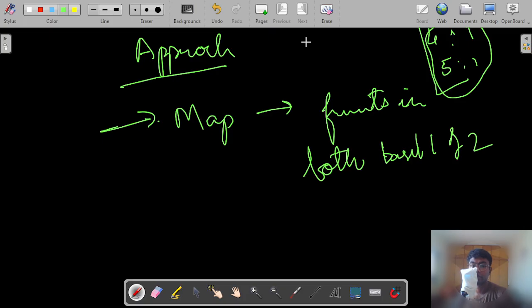And as I said, we will use a single map and count all of the frequencies for both basket 1 and basket 2. While we do that, we shall also keep track of the excess values.